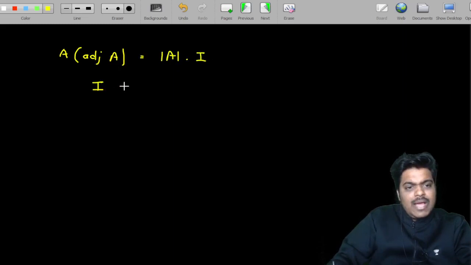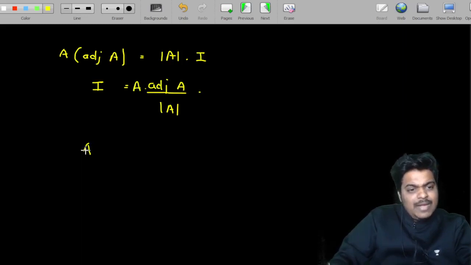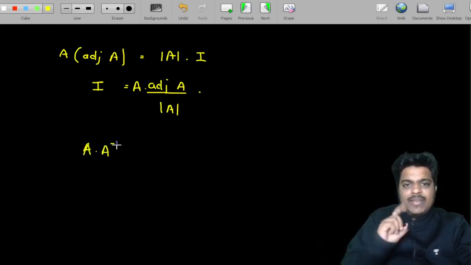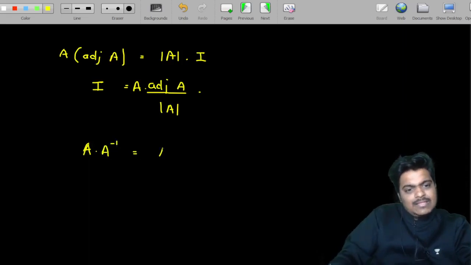Or can you say the matrix I is equal to adjoint of A divided by determinant of A, into the matrix A? Now this can be written as A into A inverse, A into A inverse is I. We are writing the same thing, A into adjoint of A divided by determinant of A.